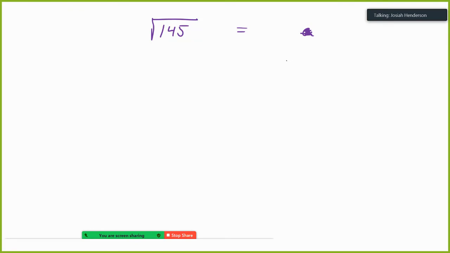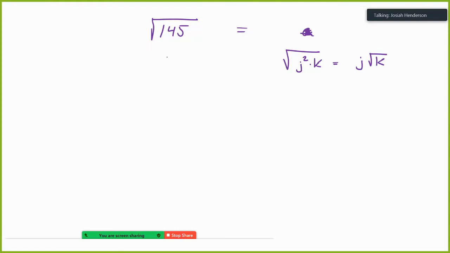Like if I could rewrite 145 as j squared times k, then the j squared would become j on the outside times root k. We're looking to turn 145 into smaller components that are being squared so that they can cancel and get out of that square root box.